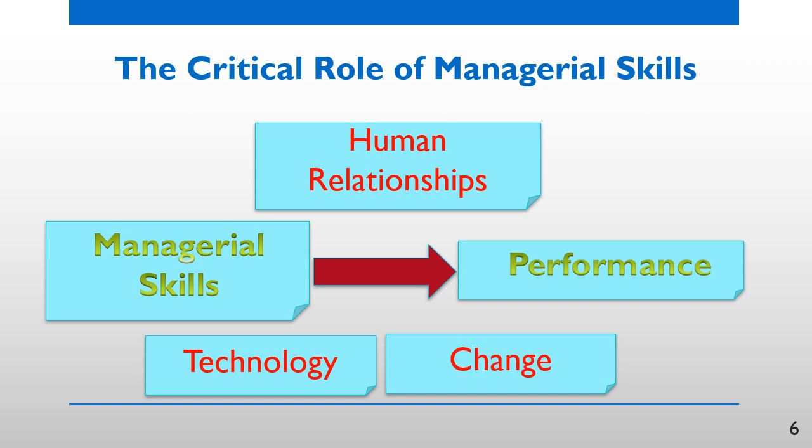We all know that nowadays developing people networks or human networks is of immense importance. So it's very important that we develop managerial skills as well as human relationships to demonstrate increased performance.